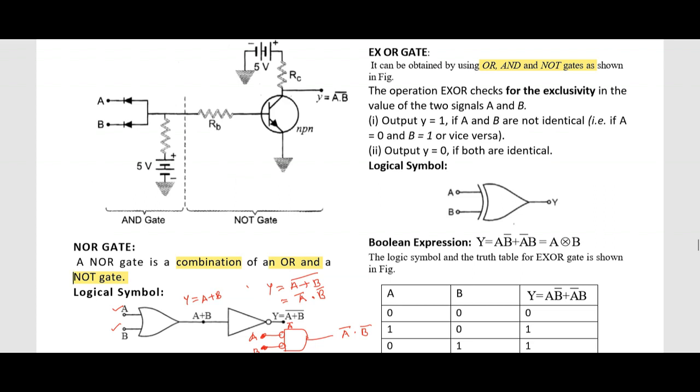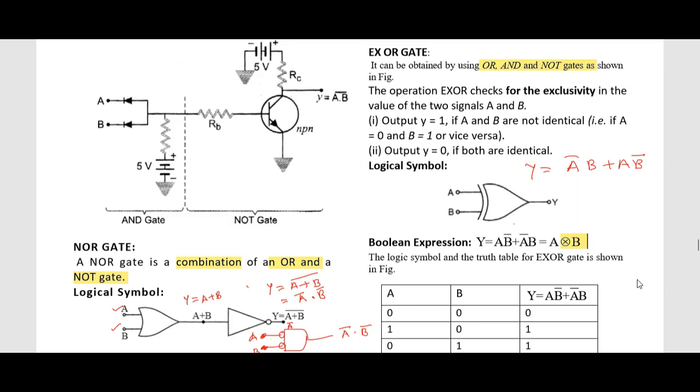And then we have got another Boolean expression for this, a circle having a cross inside it. So in this case, we have got a circle having a cross inside it. The expression for this is Y is equal to A bar B plus A B bar.